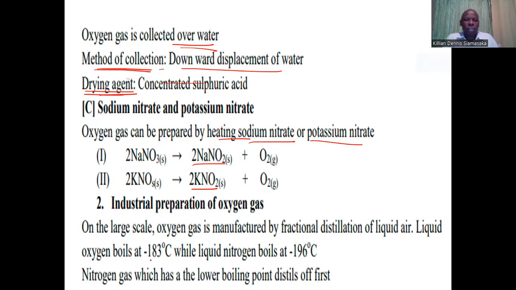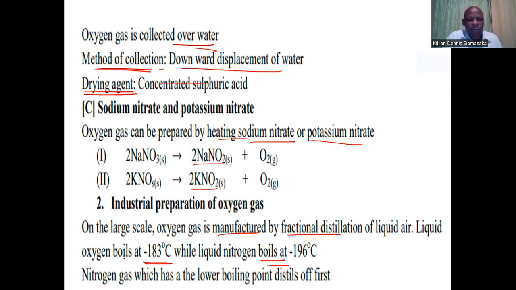Oxygen in industry can be manufactured using fractional distillation, and it's based on the boiling points of these gases. As you may be aware, oxygen is contained in air where there is also nitrogen.